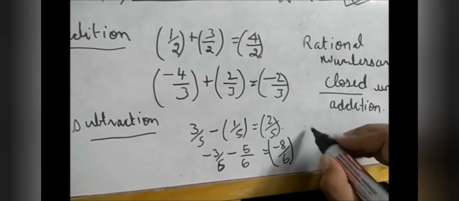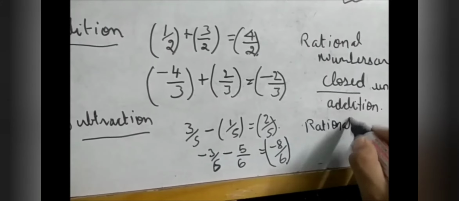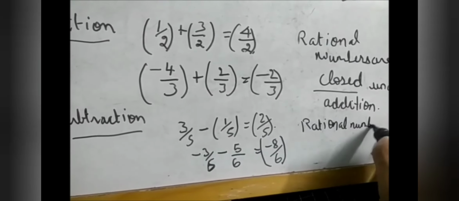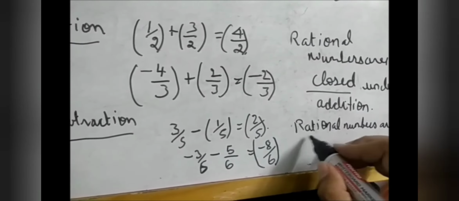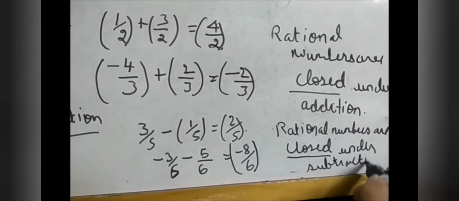So we can conclude that rational numbers are closed under subtraction.